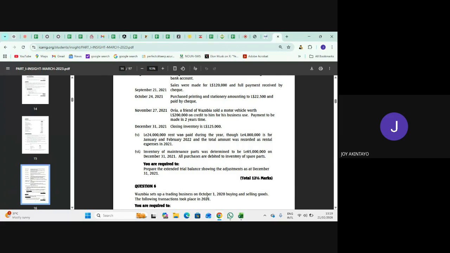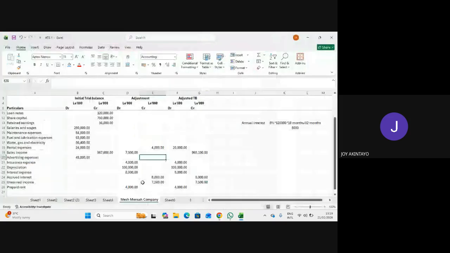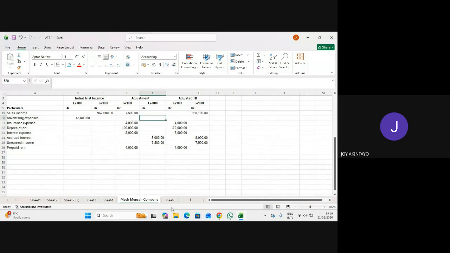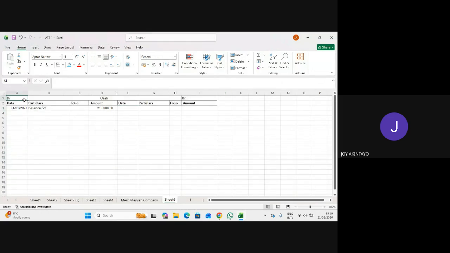We need to also determine our purchases for the period. We can have it here, the inventory account.